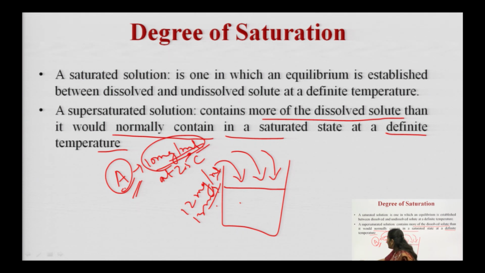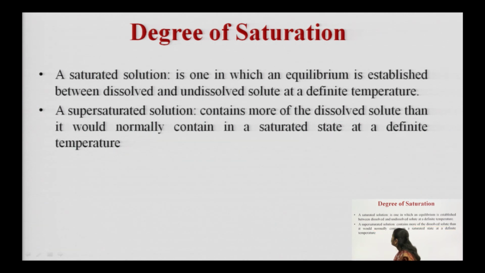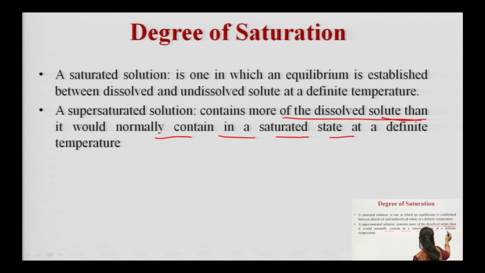Then we call it a supersaturated solution. It can dissolve more solute than it would normally contain in a saturated state at a defined temperature. And the supersaturated solution is mainly used when we are considering the process of crystallization.